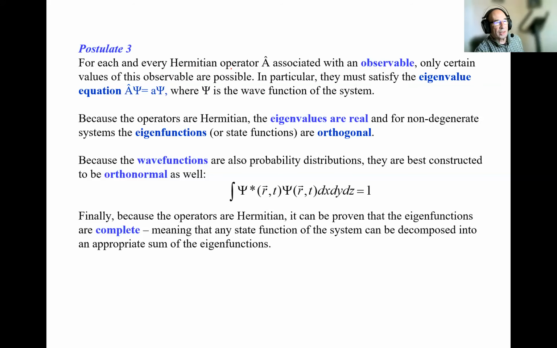But now we say that for each and every Hermitian operator associated with an observable, only certain values of this observable are possible. This is the nature of quantum mechanics. In particular, they must satisfy this type of equation. Many of you have seen this equation. This is what is called the eigenvalue equation. And one of the equations of this type, if we use the Hamiltonian instead of this operator here, is called the Schrödinger equation, where this wave function is the wave function of the system.